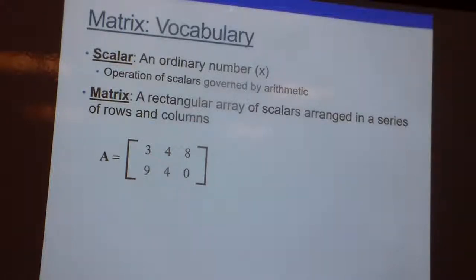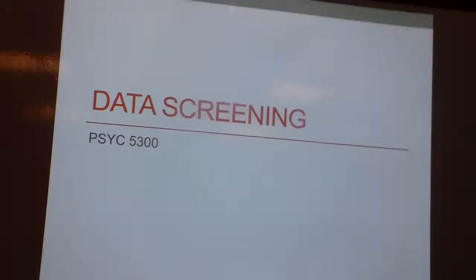So kind of up to you. We won't worry about this today. We're just going to jump into screening because that's going to be more applicable to the things that you're going to do, but it is the underlying mathematical basis for a lot of the stuff that we do. I wouldn't say interesting, but I guess that's an opinion, right? So we won't get into this right now. So let's take a break, come back, and we'll jump into data screening stuff.